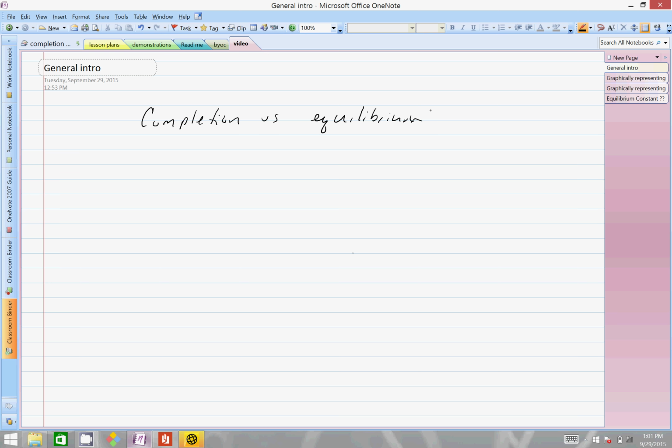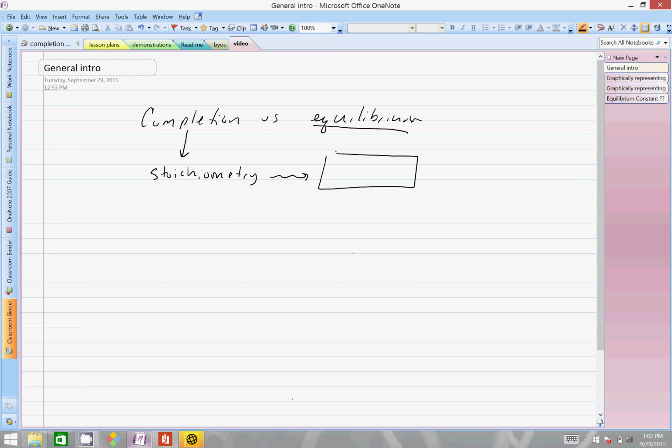There are just going to be basic ideas here, nothing diving too much into detail. Completion is really the honors chemistry or typical chemistry version of stoichiometry, and equilibrium is just another version of stoichiometry.